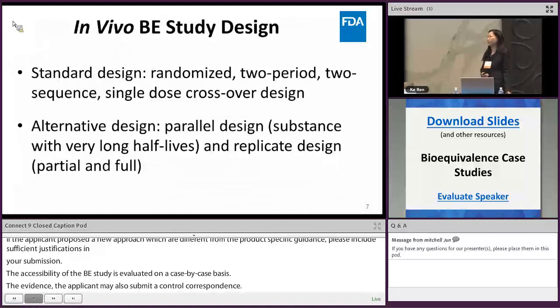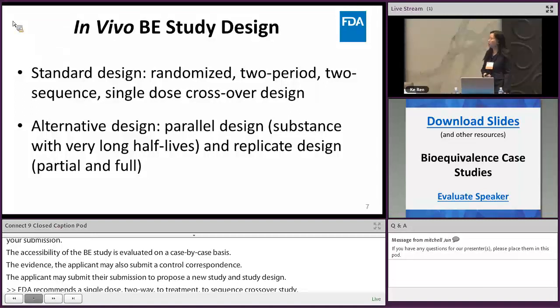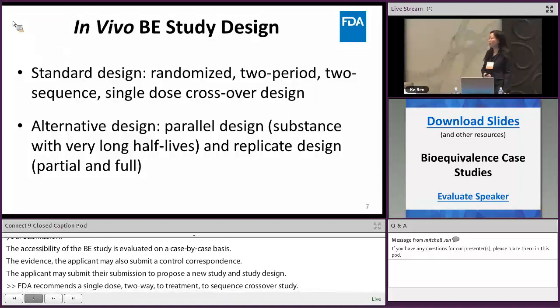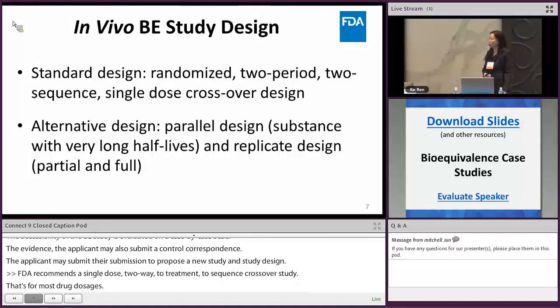FDA recommends a single dose, two-way, two-treatment, two-period, two-sequence crossover study for most drug dosage forms whose drug release is intended to be systemically available. However, a crossover study may not be practical for drugs with a longer half-life, like more than 24 hours.